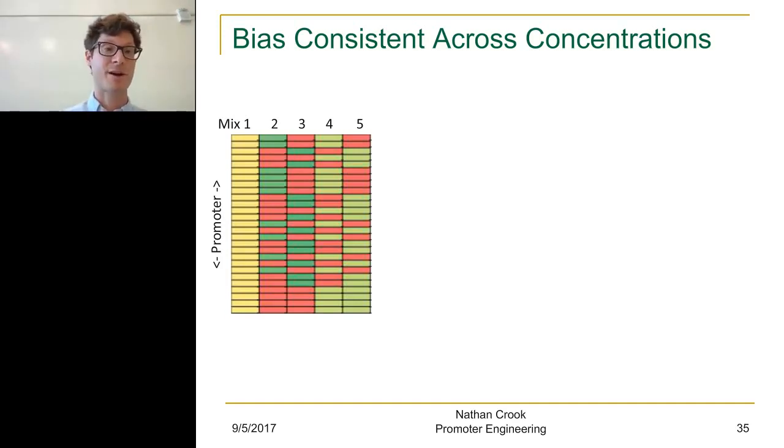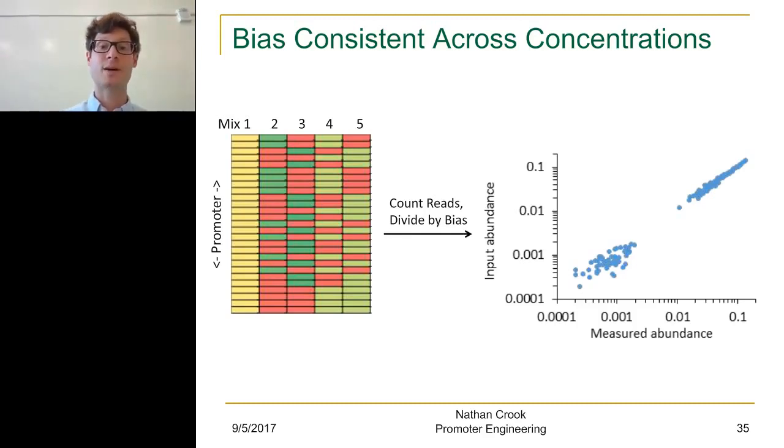And these are like different types of promoter strengths you might observe in different samples. What we saw was that indeed this approach really does allow you to get at the correct input abundance using the bias you observe in a standard curve.